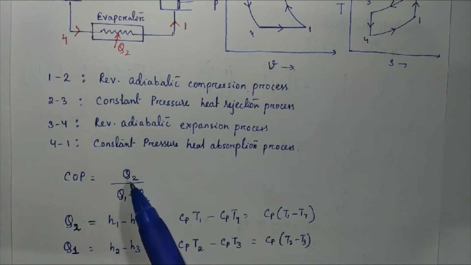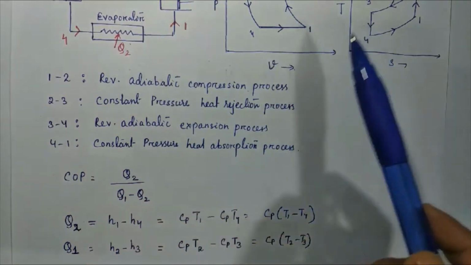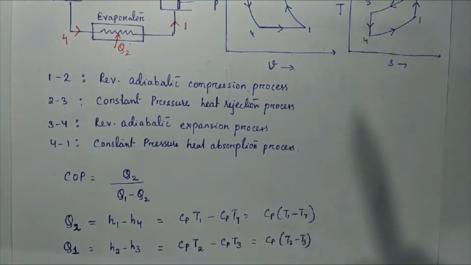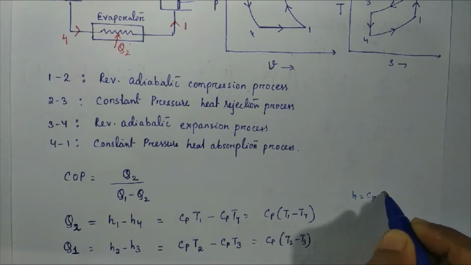According to this schematic diagram, or you can say the PV and TS diagram, we can say that Q2 is equal to H1 minus H4, and we know that H is the enthalpy, H is equal to CpT.